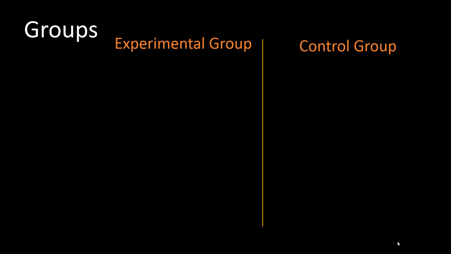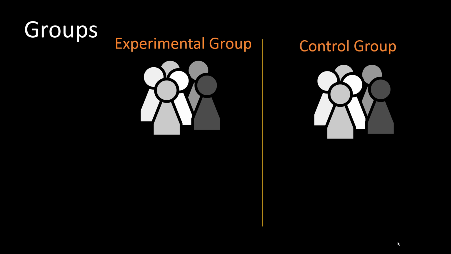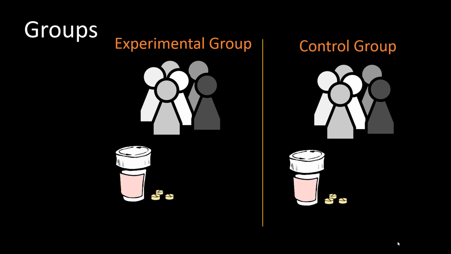Now that we've made our hypothesis, it's time to start setting up this experiment. We have a medical experiment, so we're going to make groups, and those groups are going to be test subjects. The first group is called the experimental group. I'm going to make another group called the control group. Both will have test subjects, and both will get a painkiller. So what's the difference? Well, the experimental group is going to be the one where we're actually testing our hypothesis.